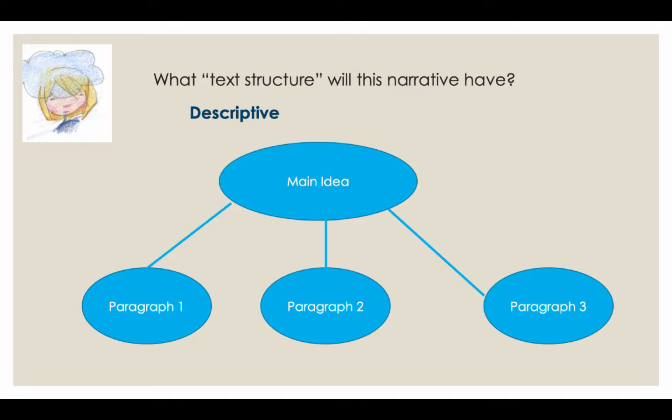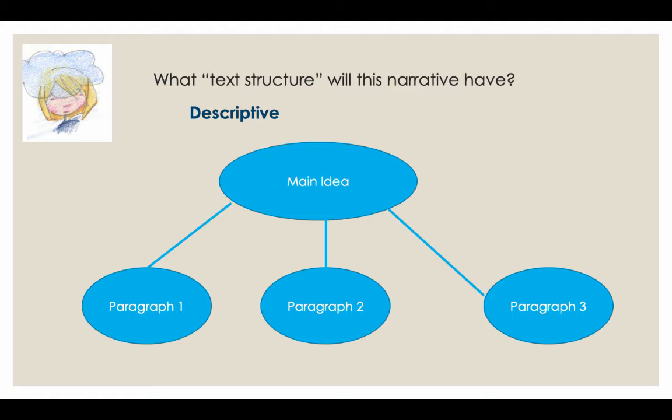Now, your writing today is just going to be one page. So probably 2 to 3, maybe 4 paragraphs. More than 4 paragraphs, your writing will be chopped up pretty much in a one-page writing. What would happen if you just had one paragraph?